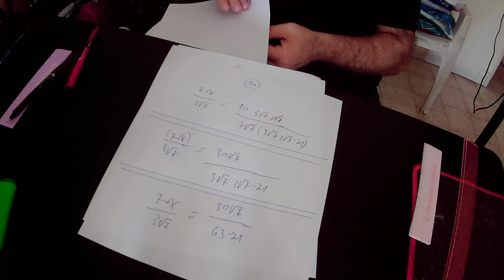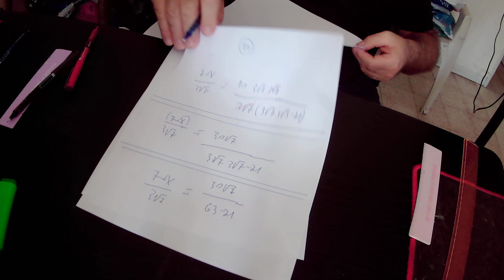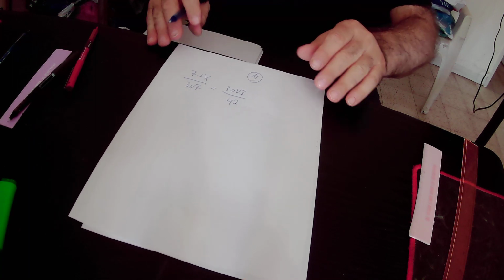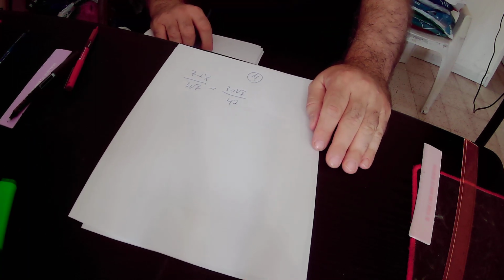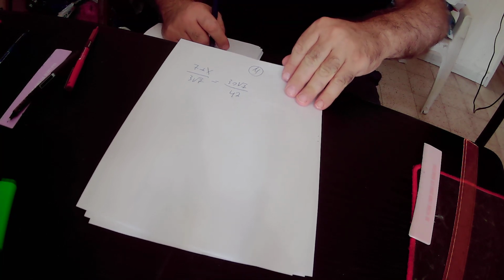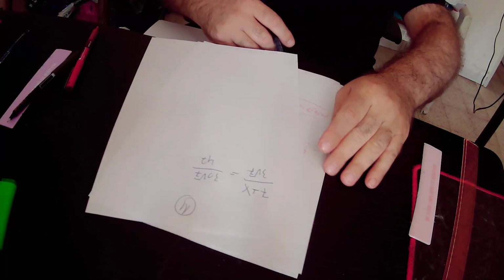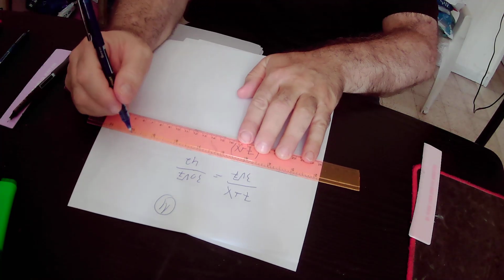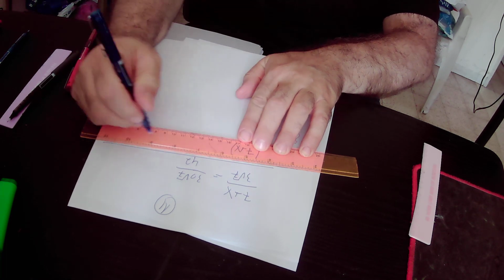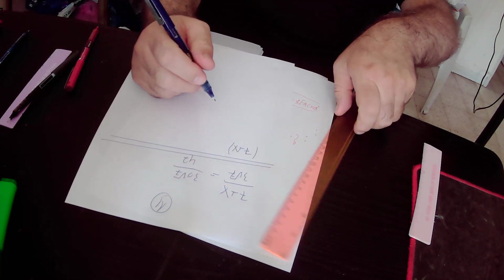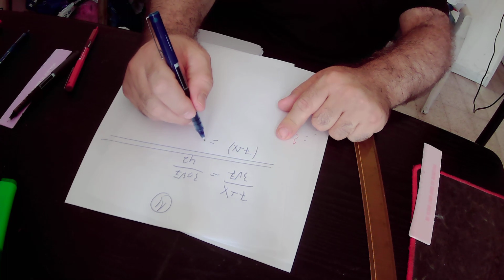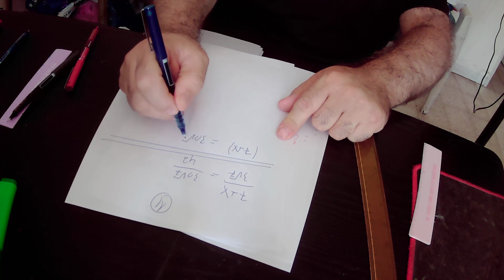Okay, so we got this equality. So here we will multiply this equality by 3 times root 7, and we will get that 7 plus x equals 30 times root 7.